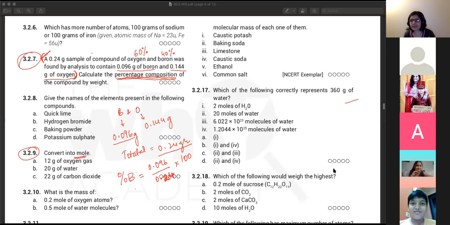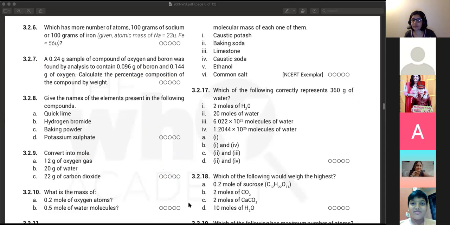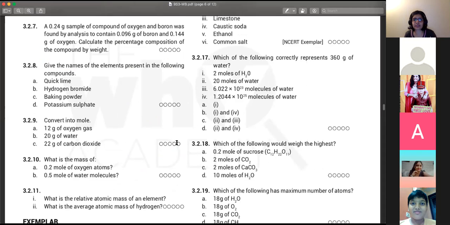Bhavika, it's okay, but tell me which one are you on? If 3.2.7 is done, send me the answers for 3.2.9. But if any of you is stuck somewhere, either 7th or 9th, you need to let me know. Otherwise, I'm under the impression that you are doing it.